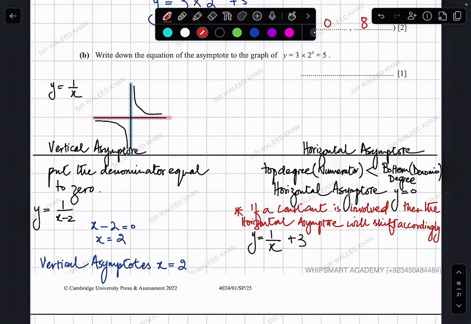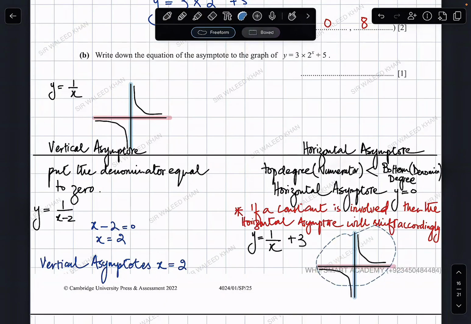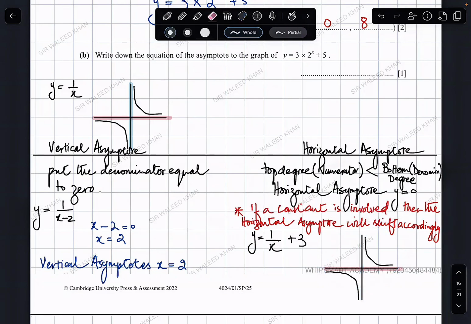So the graph was this. Let me bring this graph. Let's just focus on the horizontal one. So as you can see, the horizontal asymptote was here. The graph is going to shift 3 places upward like this. Let me just bring it a bit down.